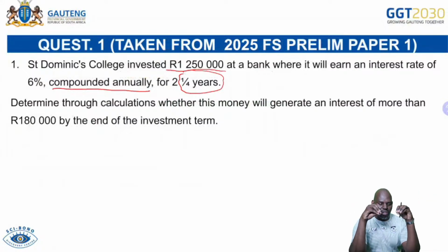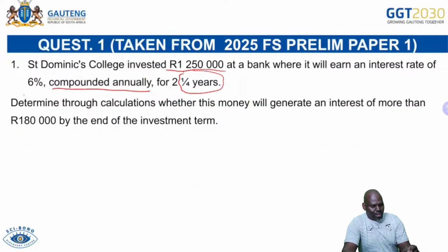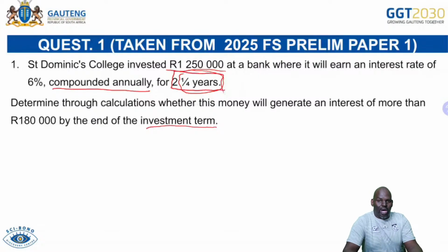In this question, it is about compound interest. The investment term is 2.25 of a year, and a quarter of a year, we know, is 3 months.